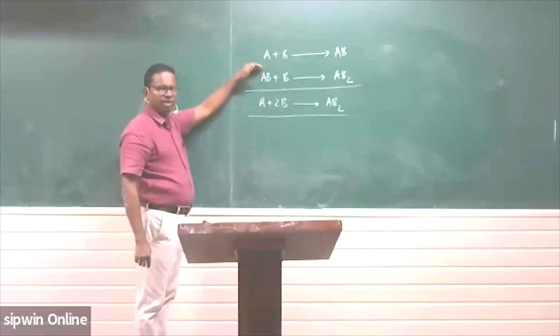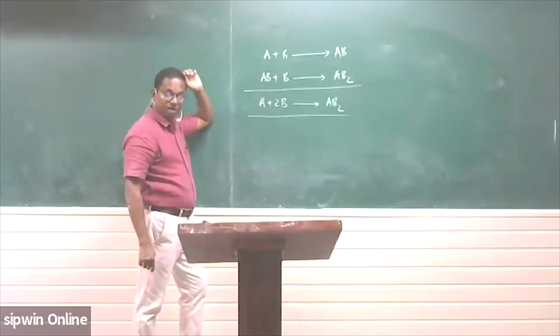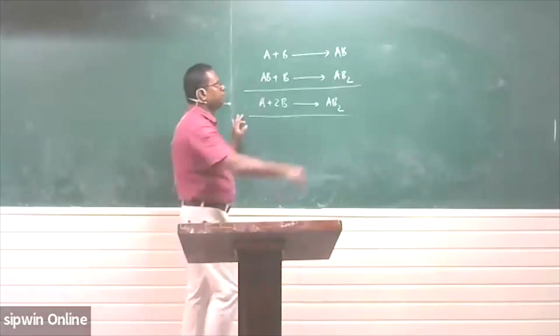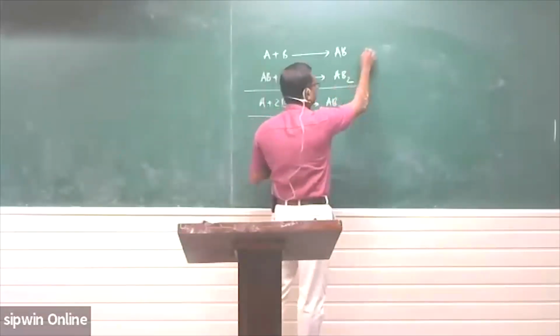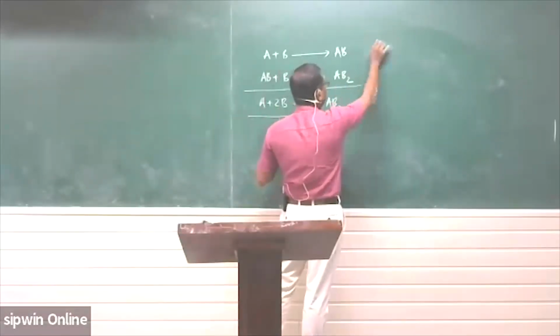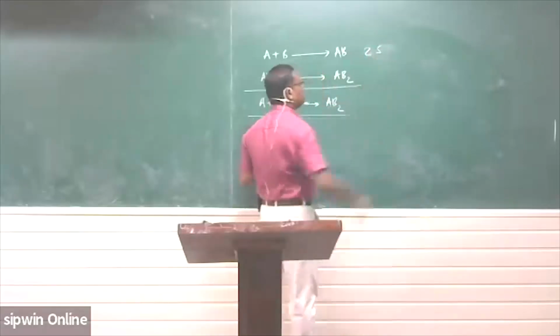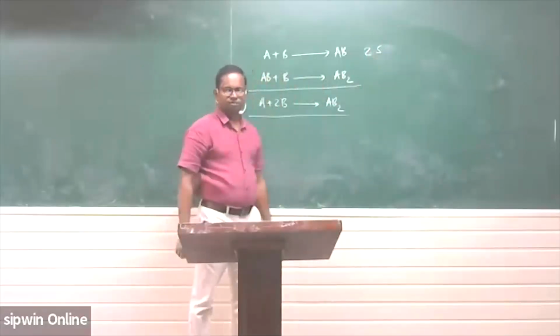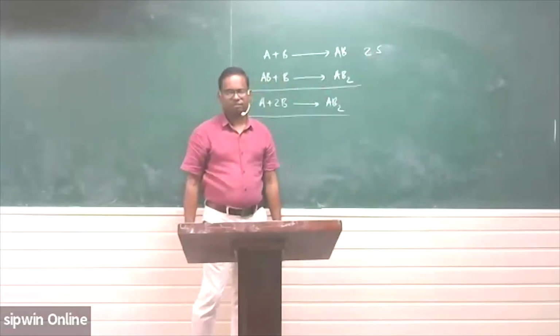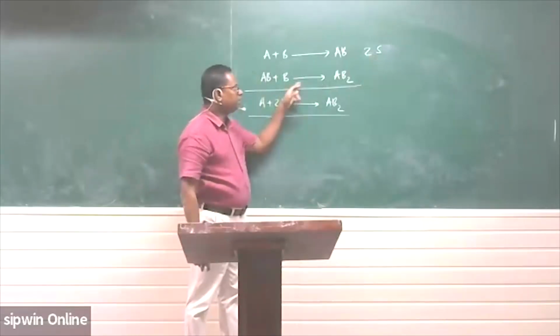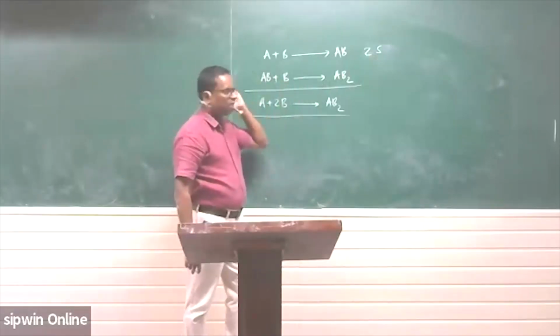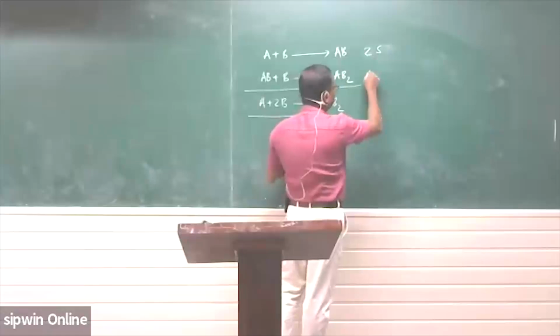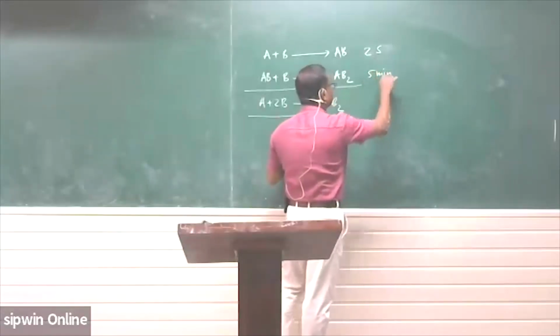Say this one happened very rapidly, within 2 seconds. The reaction completes within 2 seconds. AB with B gives AB2; that one takes place, say, in around 5 minutes.